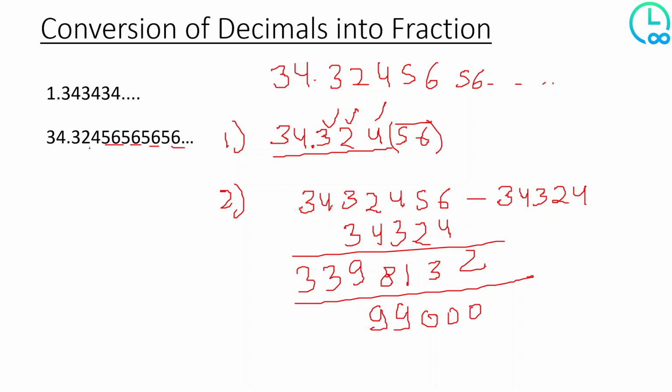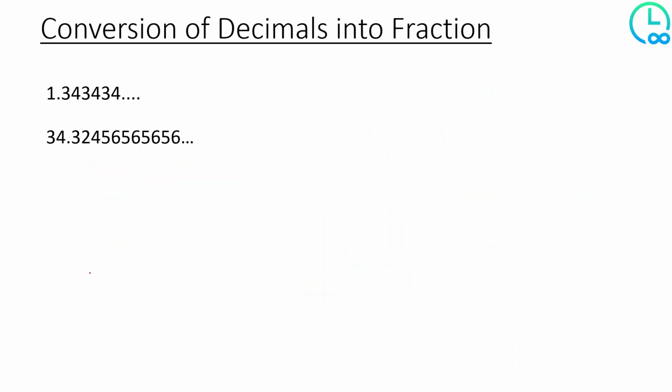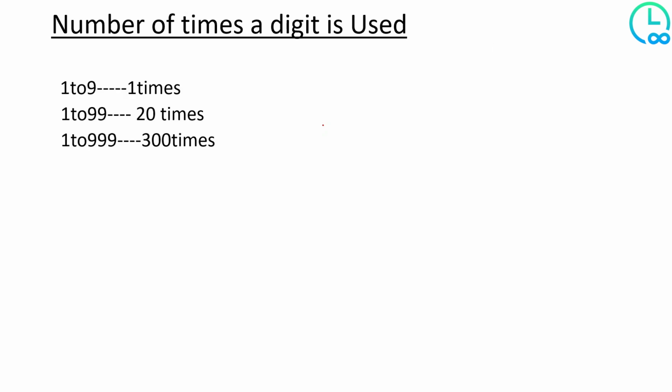So the p by q form of this number will be 3398132 divided by 99000. This is the method to convert any decimal into a fraction. This is the easiest way to do it. So remember this method, and I will add some questions that you need to solve.